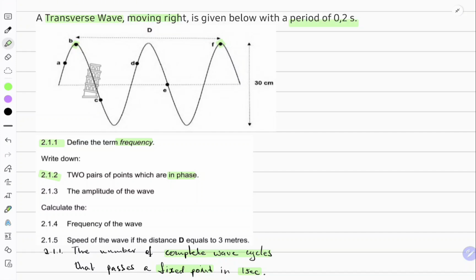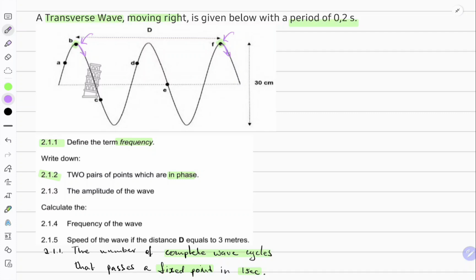For points on a wave to be in phase, it means that they have to assume the exact same position on the wave. You can see in the case of B and F, both points are on the crest and they lead towards a downward disturbance. So we say these 2 points are in phase.